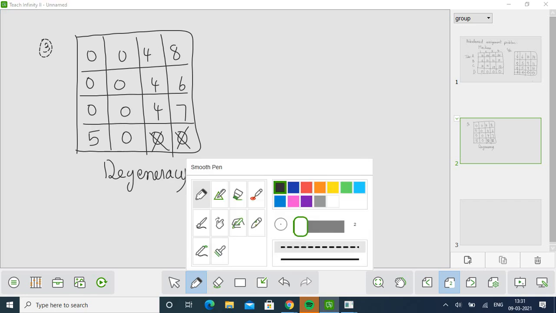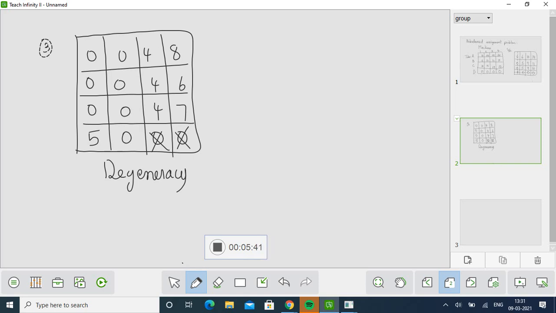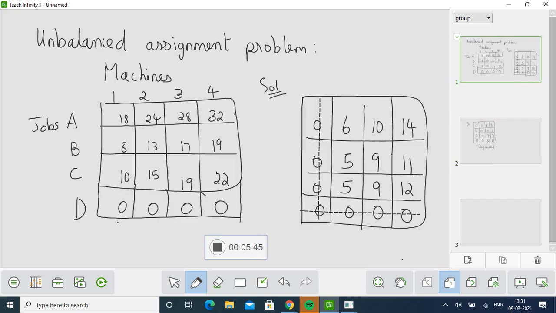5 is the smallest number outside the dotted line. What should I do? Subtract 5 from all the numbers which are not on the dotted line. Wherever there is a point of intersection, add 5.